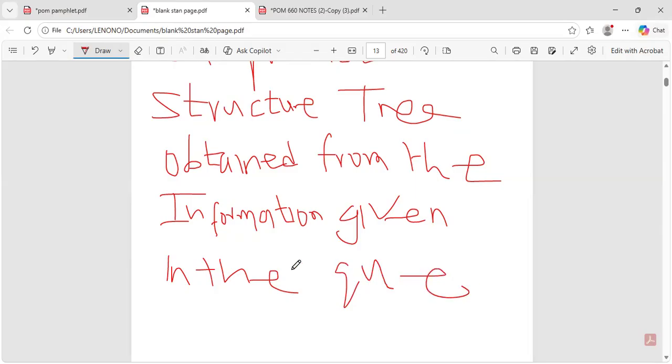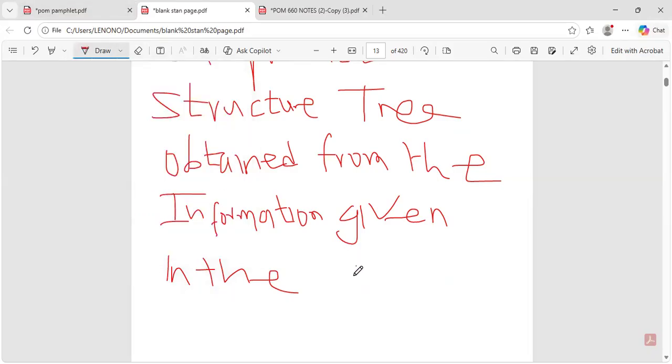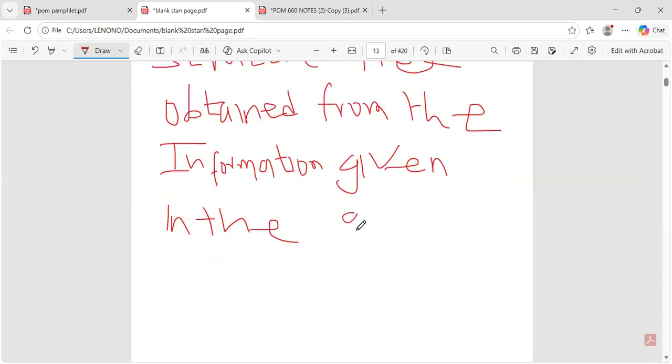So MRP depends on product structure obtained from the information given in the question.